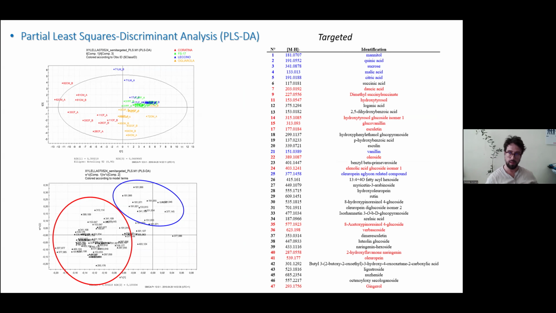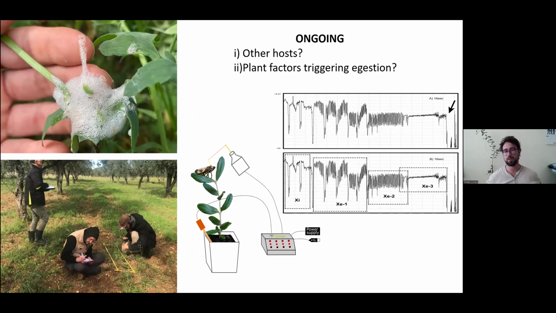The olive part is just the first part because we are also carrying out observations on herbaceous hosts and on the egestion behavior. Here on the right you can see an EPG waveform that means egestion and inoculation of bacterial cells.